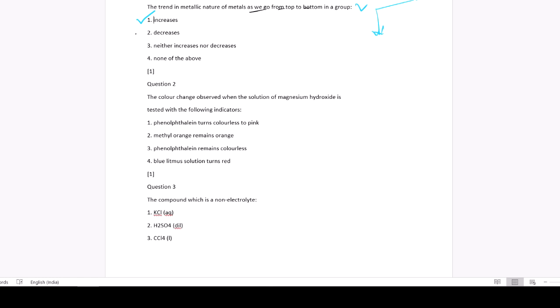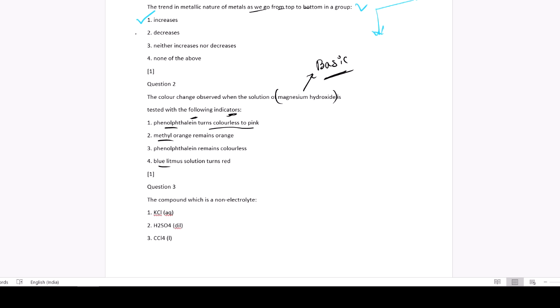Question number 2: the color change observed when the solution of magnesium hydroxide is tested with the following indicators. First of all, you have to know what type of compound magnesium hydroxide is. Magnesium hydroxide is a basic compound, so we need to know every indicator's color change in basic medium. We have phenolphthalein, methyl orange, and blue litmus. Phenolphthalein turns colorless to pink in basic medium.